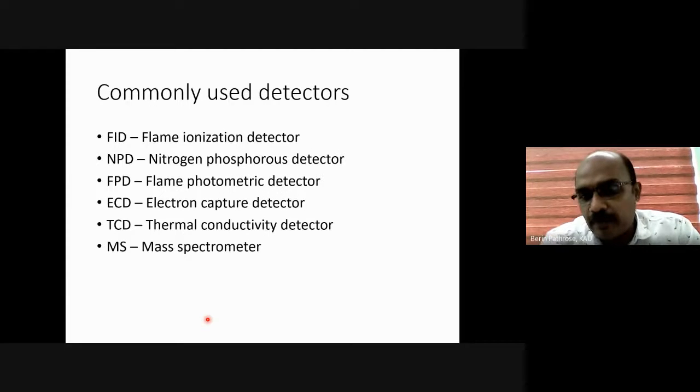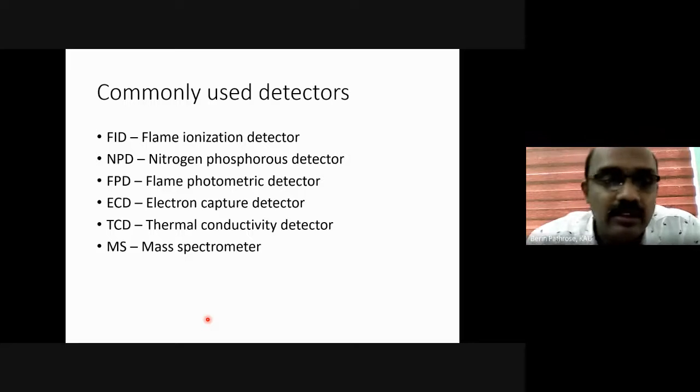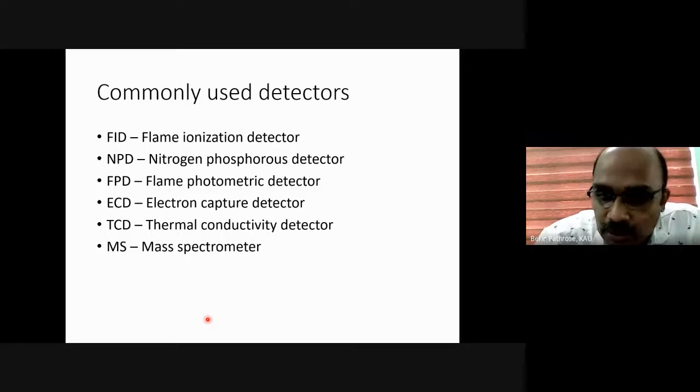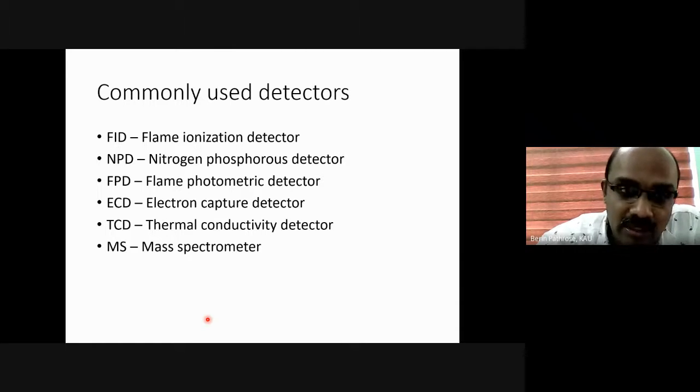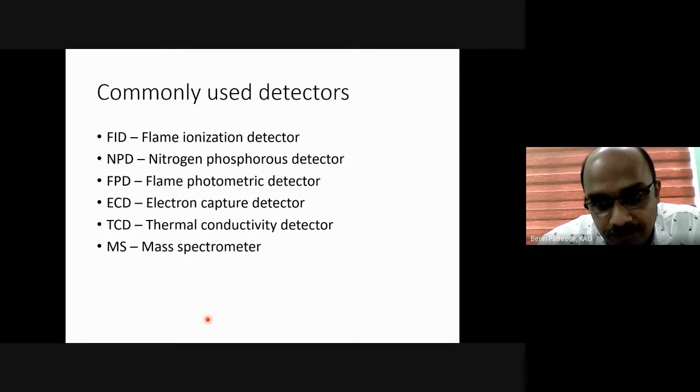Now let's see the types of detectors. The first one is the flame ionization detector. Then we have the flame photometric detector, another kind of ionization detector. Then we have the nitrogen phosphorus detector, the electron capture detector ECD, TCD the thermal conductivity detector, and the most advanced one is the mass spectrometer.